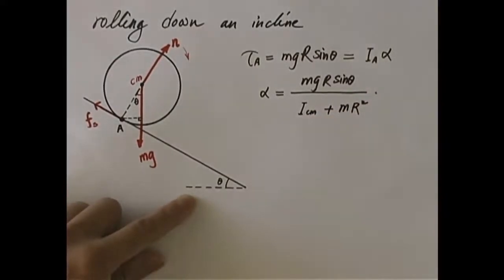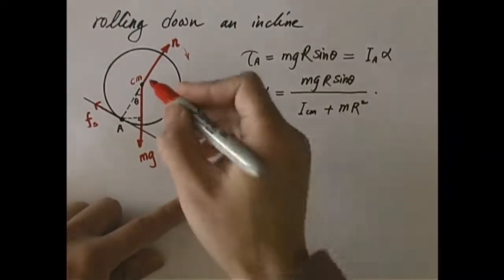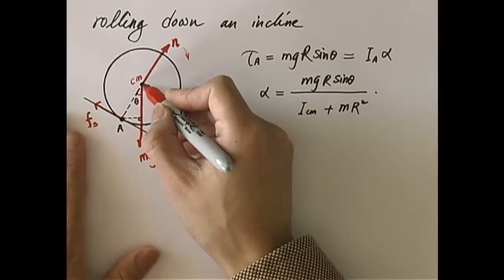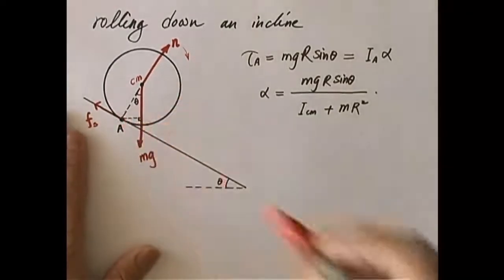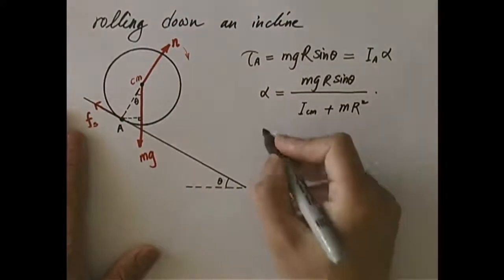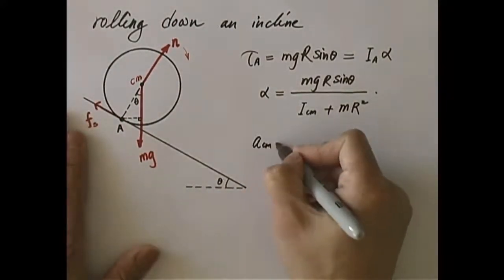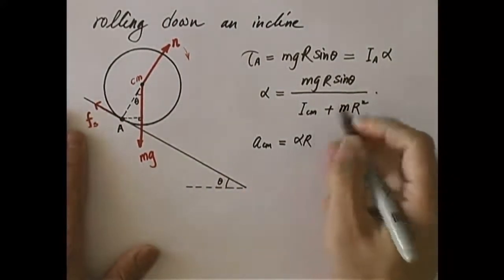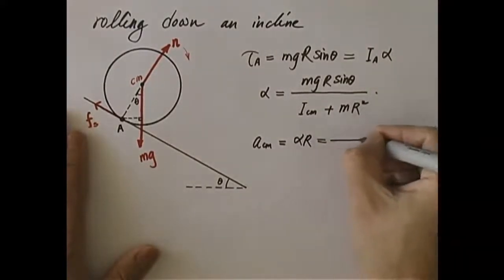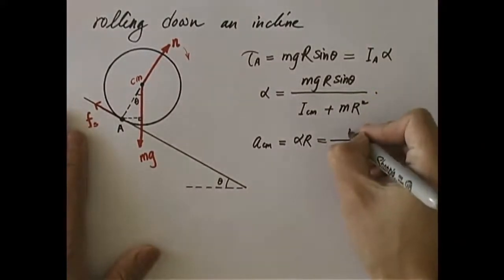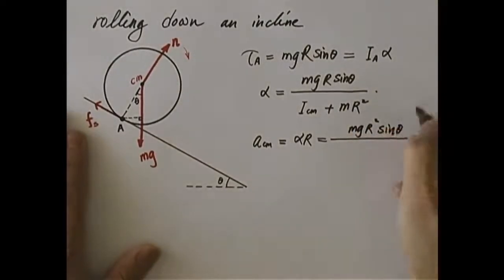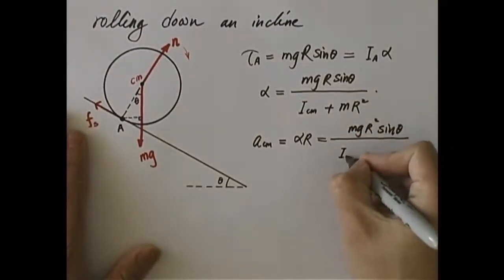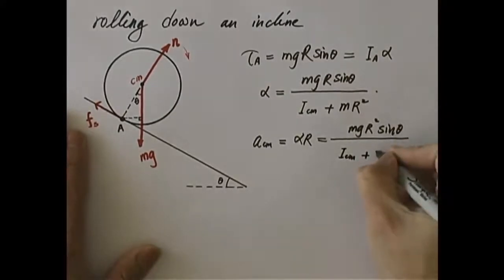That's alpha. Once I know alpha, can I find ACM? Yes, ACM, the linear acceleration of the center of mass, is related to the angular acceleration alpha by ACM equals alpha r. So it is simply equal to mg r squared sine theta divided by ICM plus mr squared.